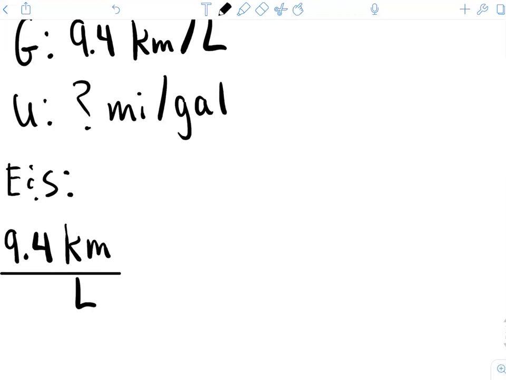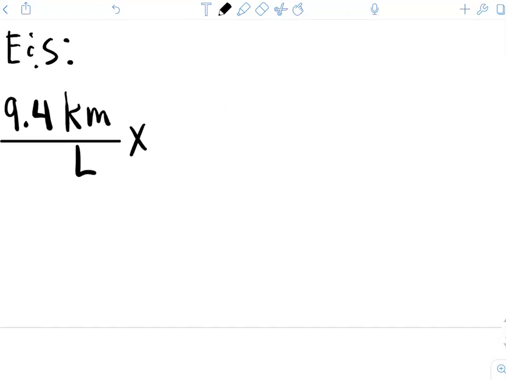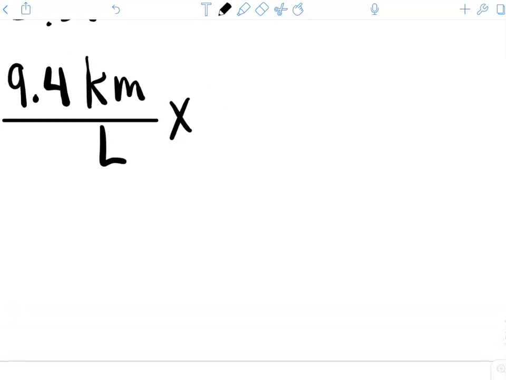Now, before we get into solving this, I want you to think about, how can I cancel out units? Well, in order to cancel out units, you have to have the same unit in the numerator and the denominator.